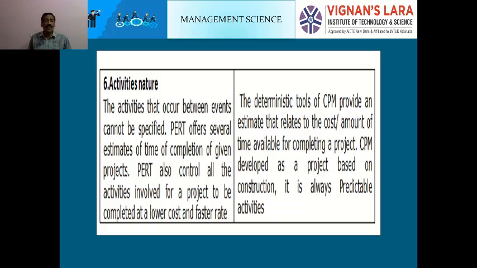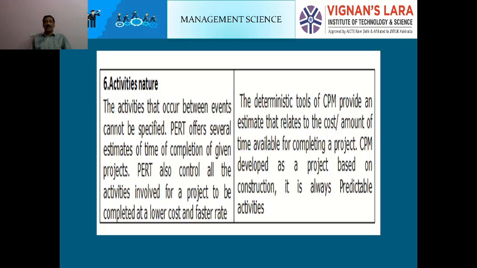This has a time estimation technique. That means how much normal time is to be allotted to each activity can be determined. Already we know, with the help of the time based components, that is known as optimistic time, most likely time and pessimistic time.